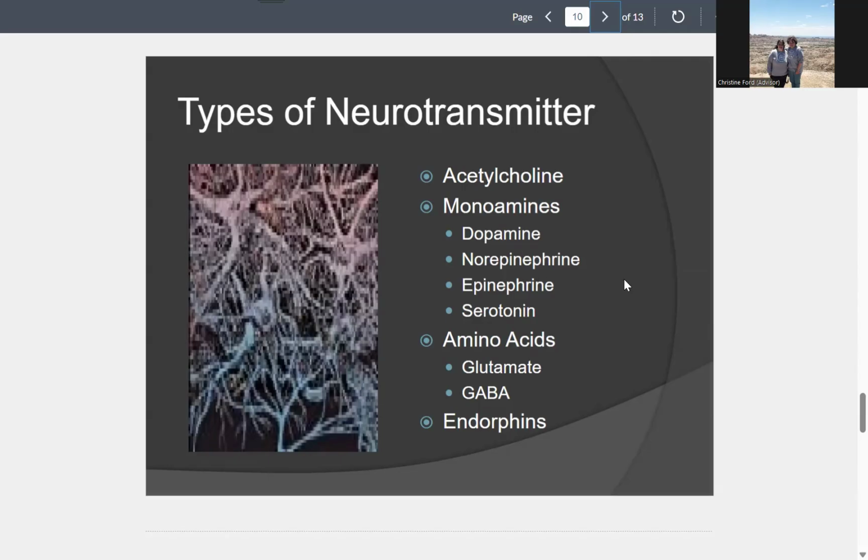Norepinephrine is the second neurotransmitter in this group we're going to talk about. Norepinephrine is our noradrenaline. Basically, what norepinephrine looks at is how we metabolize carbohydrates, our metabolism, and our wakefulness and alertness based on how much sugars and carbs we take into our body.